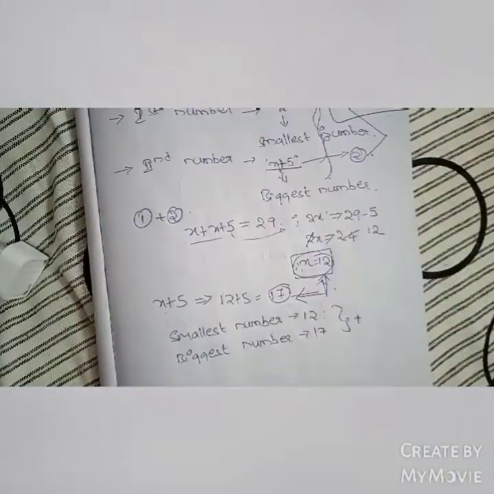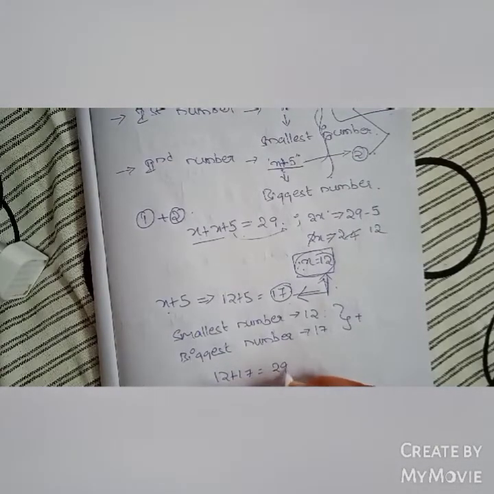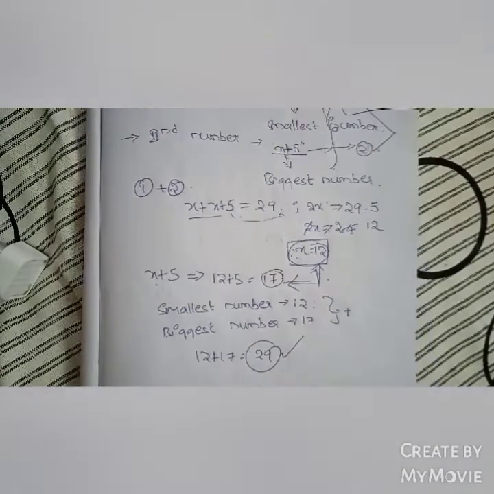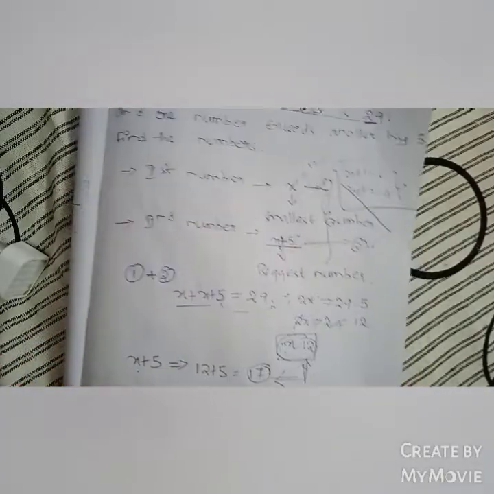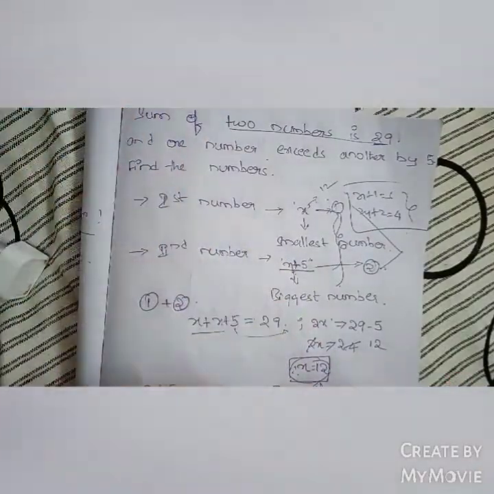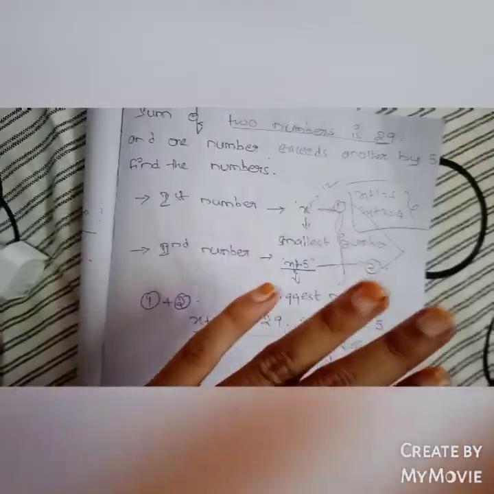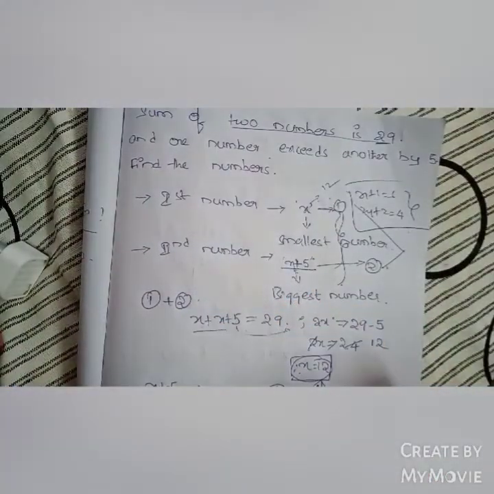Okay, see here, 12 plus 17, that is equal to 29. Yes, the sum of these two numbers is 29. Okay, so did you understand, students? From this puzzle we need to find the linear equations, and from that we find the values of the variables. So what's the given question? Sum of two numbers is 29 and one number exceeds another by 5.